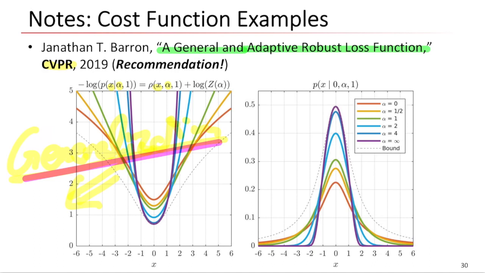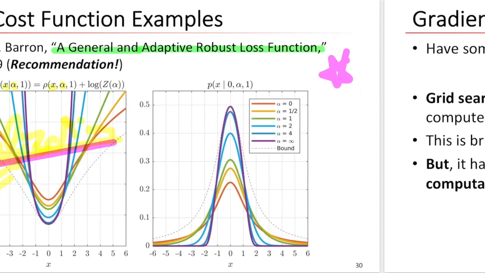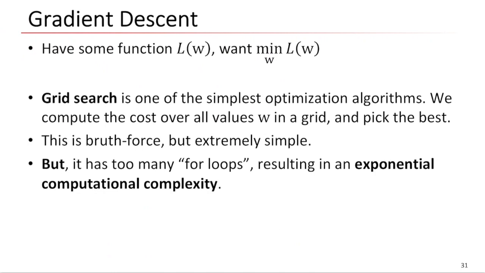So I would say you can take some time to understand this paper, then it will be helpful for your further research or your project. I strongly suggest you read this paper. So this is related to cost function topics. Okay, where are we now?